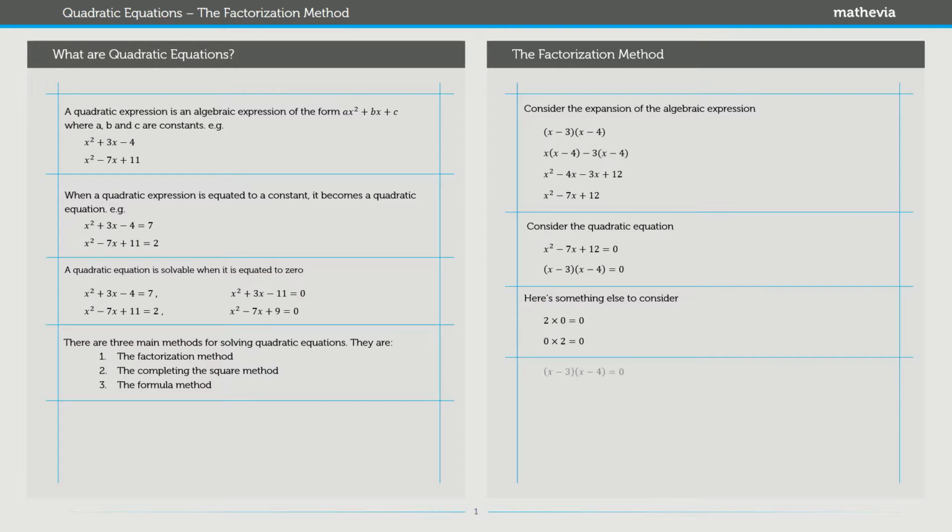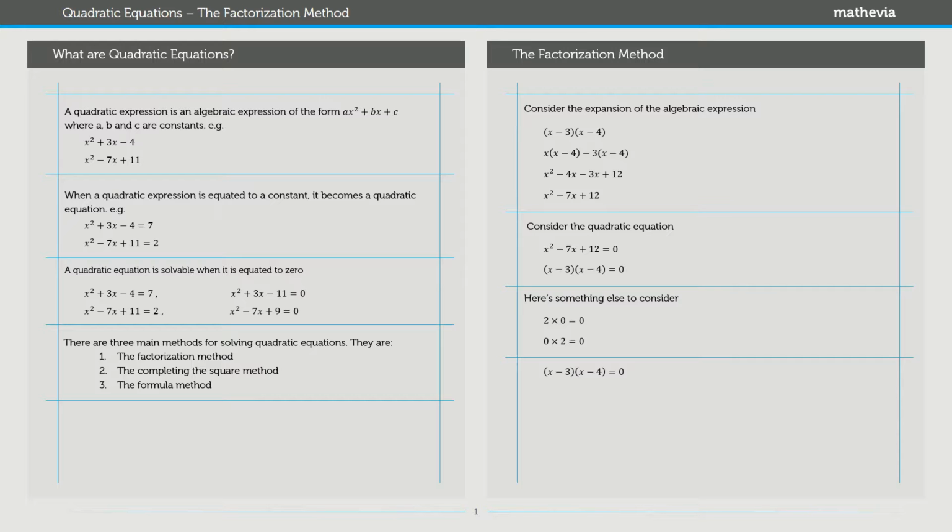Now let's apply this to solving this quadratic equation, because we're able to establish that the quadratic equation x squared minus 7x plus 12 equals 0 could be written as x minus 3 times x minus 4 equals 0.